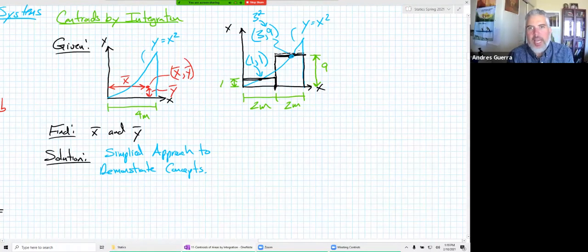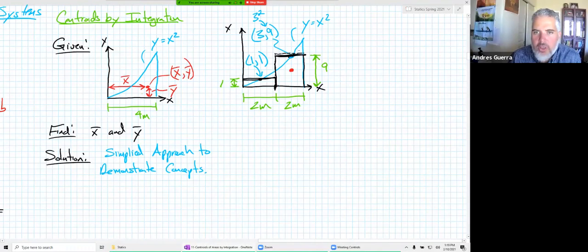Okay, that's really key. That's our first thing here, is that we just need to be able to find the dimensions of our rectangle. The rest of this is going to fall into place. The centroid of each rectangle is going to be halfway from left to right and halfway from the top to the bottom.